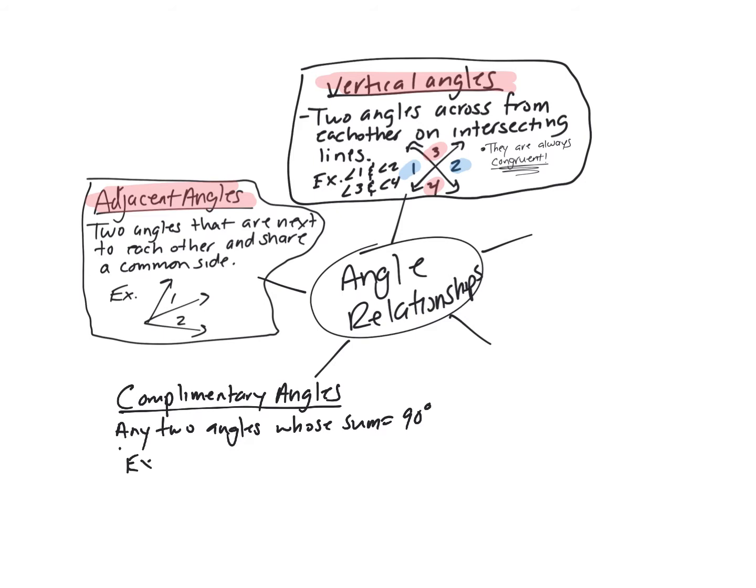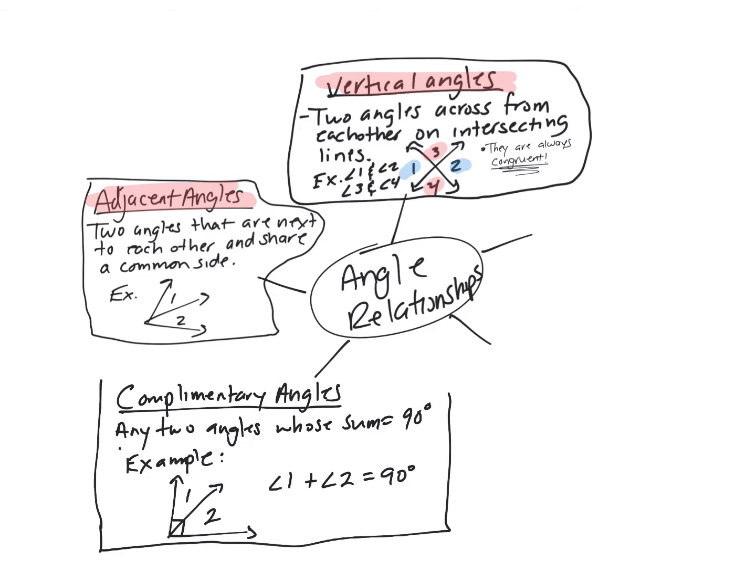An example would be similar to adjacent angles. However, the difference is that the whole angle is a 90-degree angle. So complementary angles: any 2 angles whose sum equals 90 degrees.